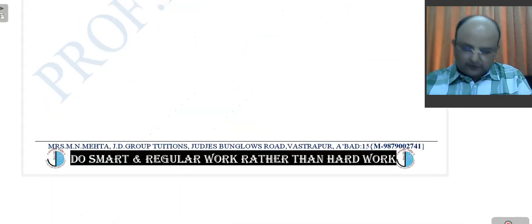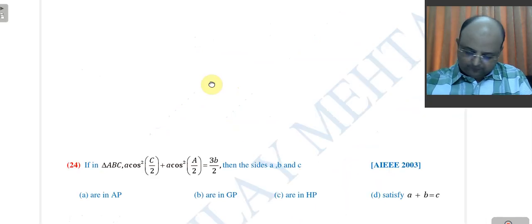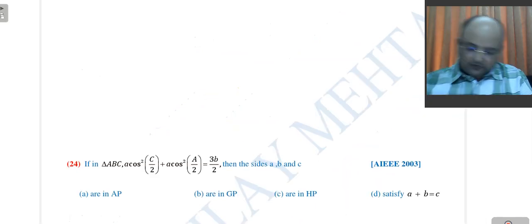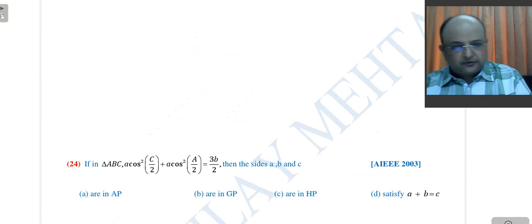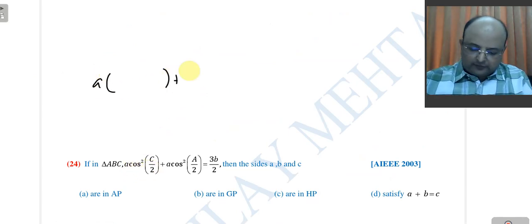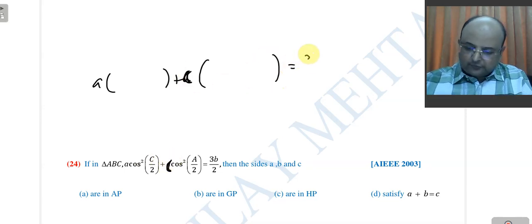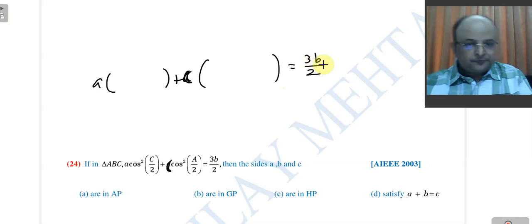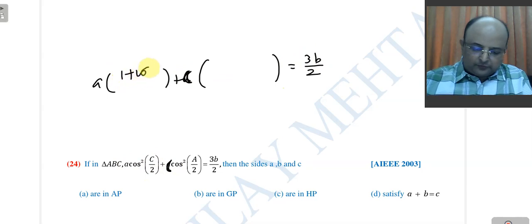Okay, we go for 24. Your textbook, AIEEE 2003: a cos square c by 2 plus c cos square a by 2 equals 3b by 2. I know, that is why I am saying it. cos square c by 2 is 1 plus cos c by 2 and cos square a by 2 is 1 plus cos a by 2.